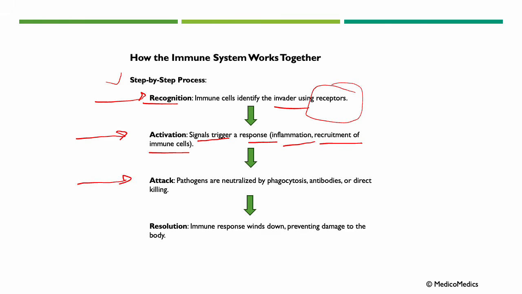Then we have the attack, so pathogens are neutralized by, for example, phagocytosis from our macrophages, or antibodies from our B cells, or through direct killing. Then we have resolution. So we've gone from recognition, activation, attack, resolution. Immune responses wind down, preventing damage to the body.